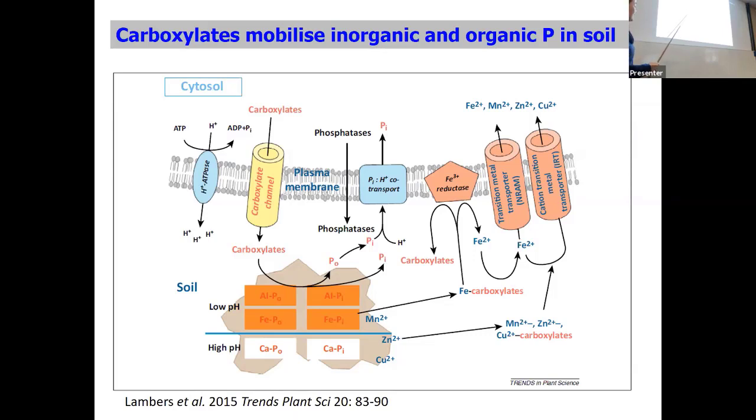That carboxylate can take the place of either inorganic phosphate or organic phosphate. It can push that part of the inorganic phosphorus and organic phosphorus into the soil solution. If this organic phosphorus is further broken down by enzymes, it can become inorganic phosphorus that can be used by plants.